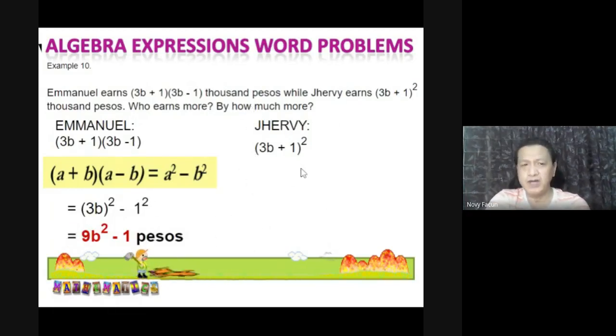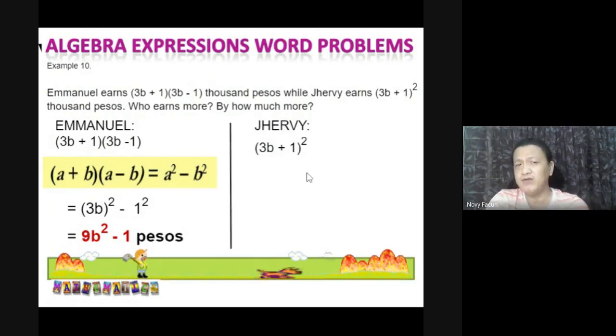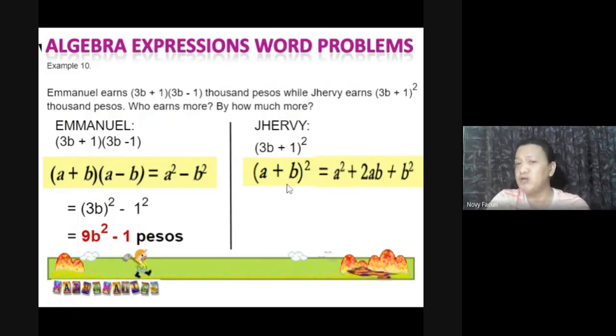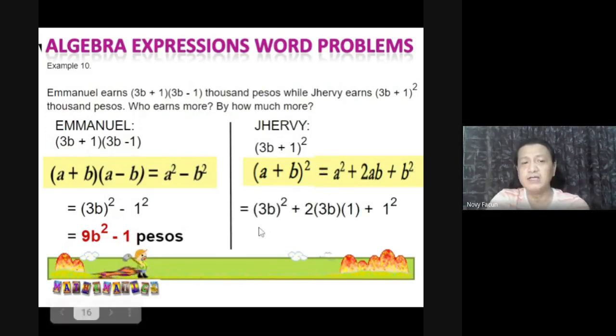Okay. While for Jervy, you are going to identify the formula to solve his earnings. So yung 3b plus 1 squared, and the formula to be applied here is the square of a binomial. So meaning to say, you have to apply this expanded form.